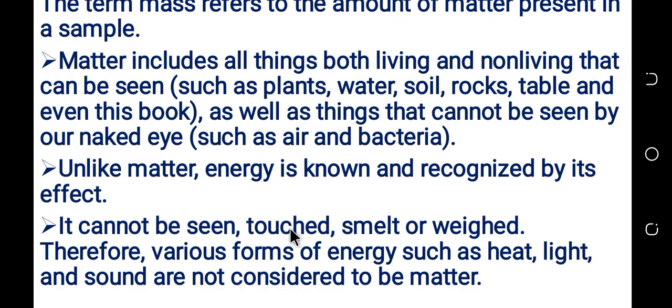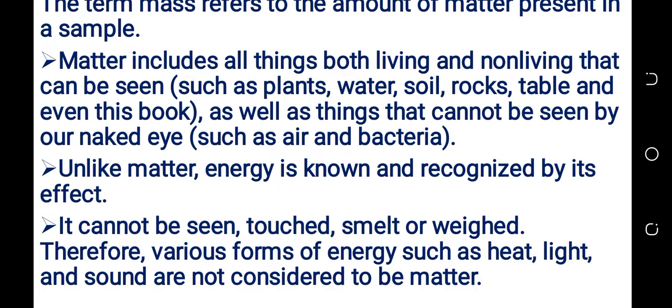ስለዚህ matter ያለው ሁሉ energy ይዟል, but energy matterን ከአንድ ቦታ ወደ አንድ ቦታ ያንቀሳቅሳል እንጂ በራሱ mass የለውም. We recognize the presence of energy by its effect, በሚያመጣው ተጽዕኖ. As energy has no mass we cannot consider it as matter. For example, light is a form of energy and does not have mass.